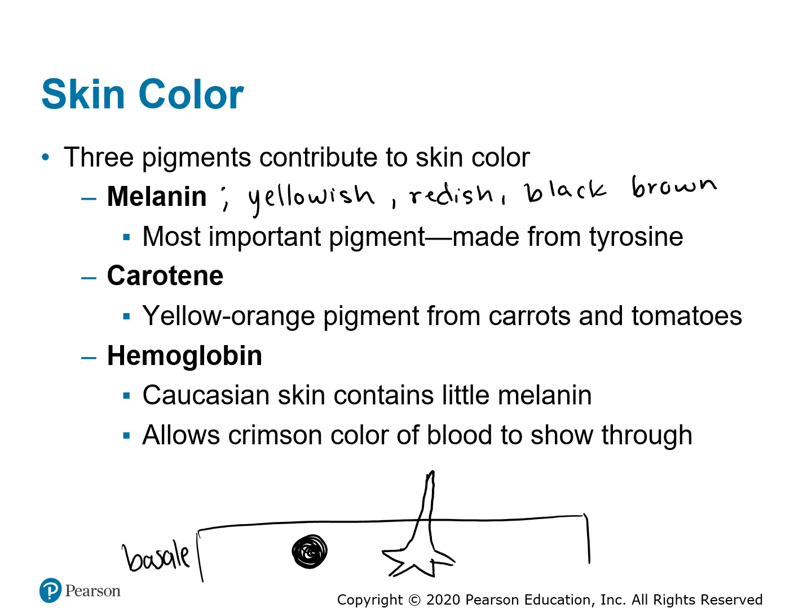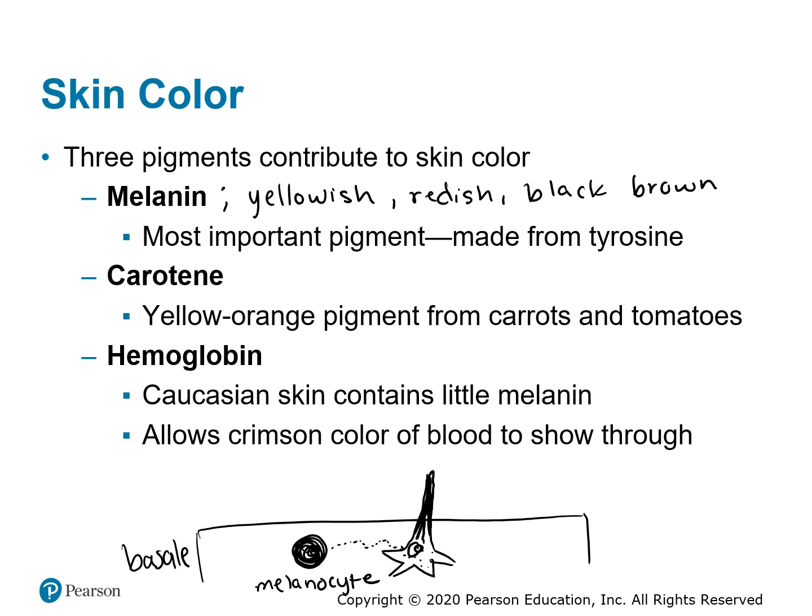Those melanosomes get transferred to our keratinocytes, and our keratinocytes are actually what give us that pigment that we see. So while the melanocytes create it, they do not show that pigment. It is shown in your keratinocytes. Okay?